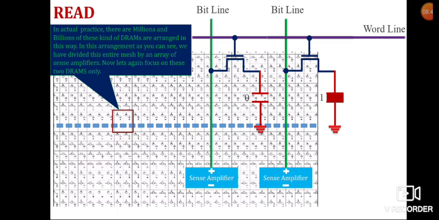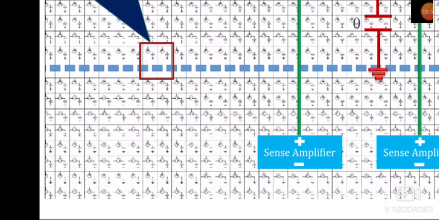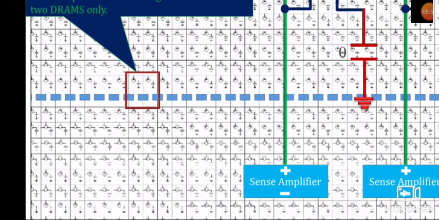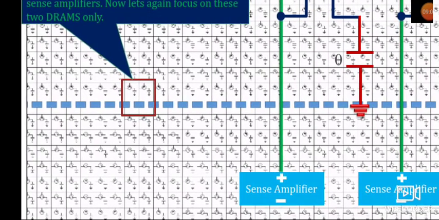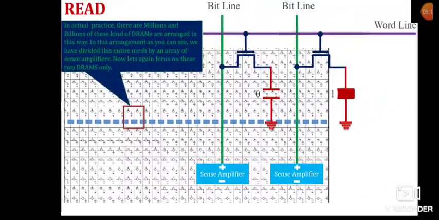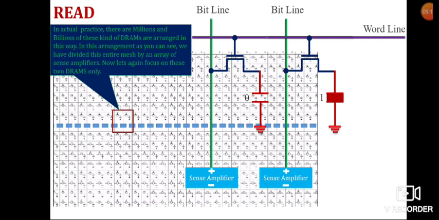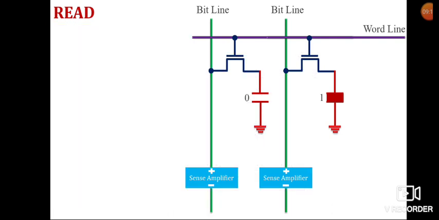What I mean is, if you look at this sense amplifier, one end of the sense amplifier is connected with these DRAMs, and the other end of the sense amplifier is also connected with DRAMs, and this DRAM is placed at one particular address, and the other DRAM is placed at another address. So I'm going to extend these bit lines. See, I have extended the bit lines, and I'm considering that they are connected with other DRAMs placed at different addresses.